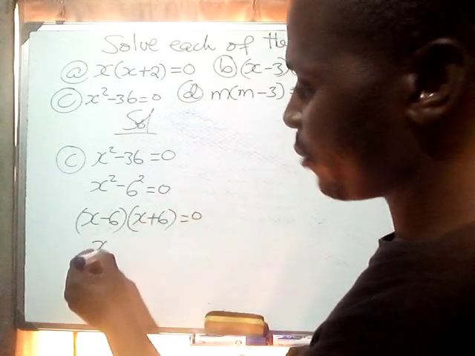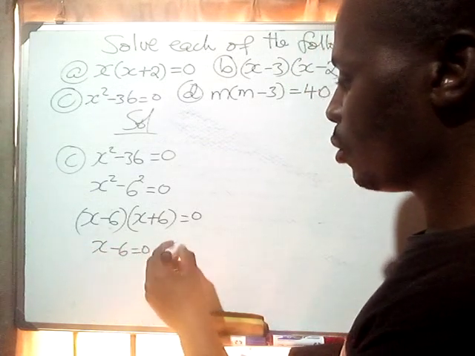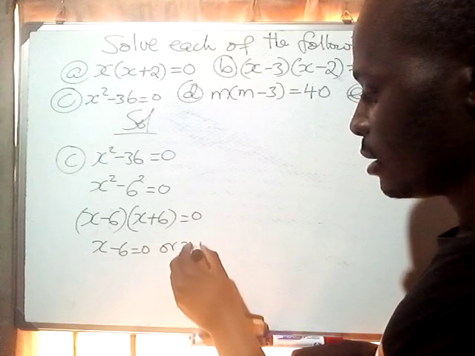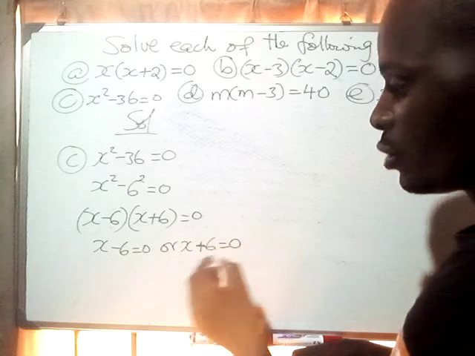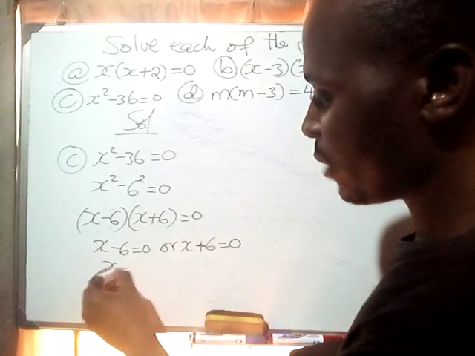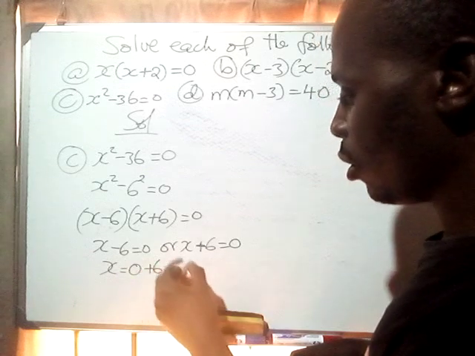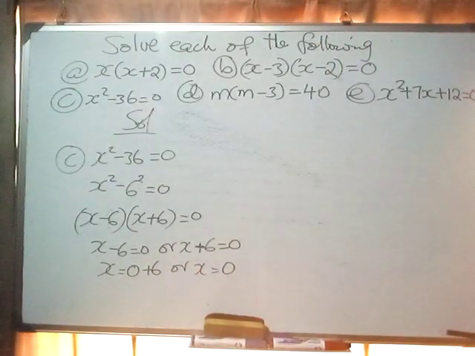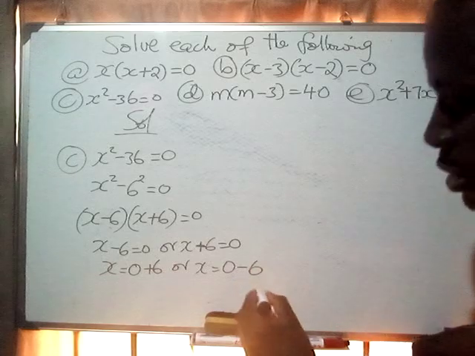So we are going to have x - 6 = 0, or x + 6 = 0. So x = 0 + 6, or x = 0 - 6.